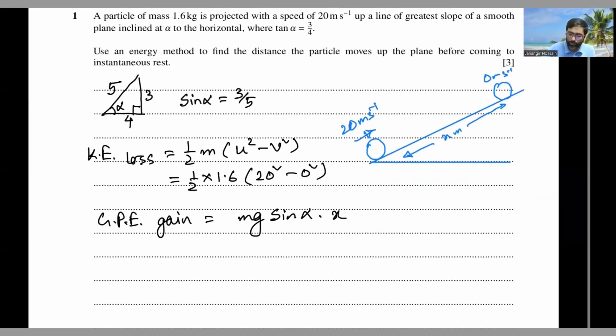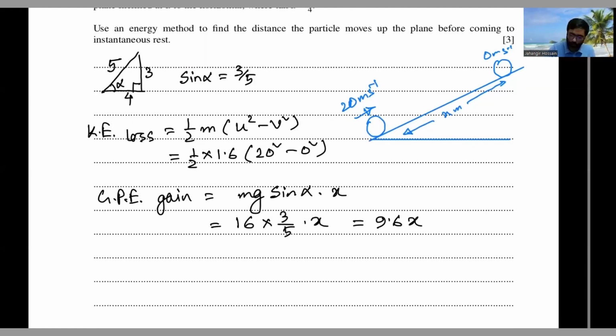So that is mg sin alpha into x. m is 1.6, g is 10, so that is 16 sin alpha into x. And sin alpha is 3 by 5, so 16 into 3 by 5 is 9.6.